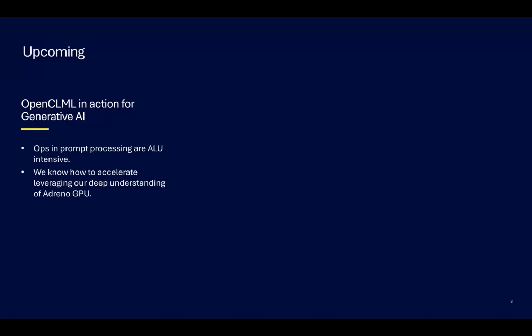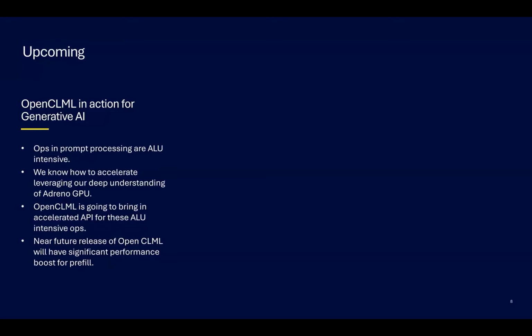On the same lines for generative AI, we have optimized a few of the generative AI layers and packed them into an OpenCL ML extension that offers additional layers required for these workloads. This can technically boost prefill performance, and in our early analysis, nearly 2x for the prefill processing.